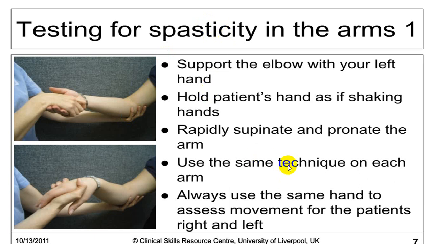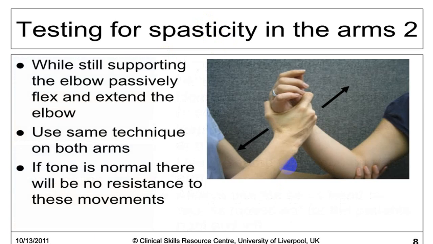If it is found in only one group of muscle and in the opposite group of muscle there is no resistance, then it is more in favor of upper motor neuron. And while doing flexion and extension you will be able to demonstrate much better, and very frequently you will be able to demonstrate clasp knife type of rigidity.